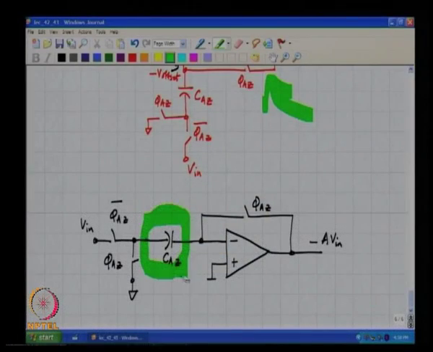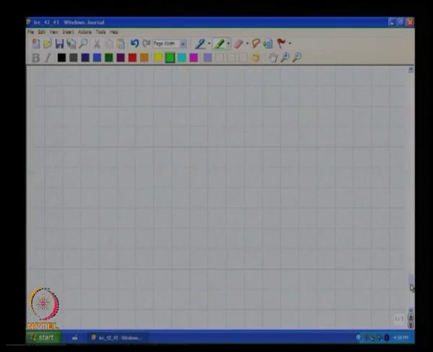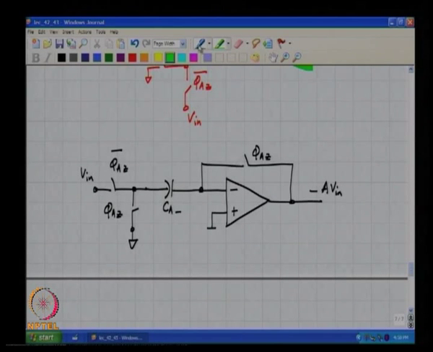Very good. So the observation is that during the auto 0 phase, this plate of the capacitor is getting charged to minus V offset, okay, because what do you assume? Our offset was like this, correct.